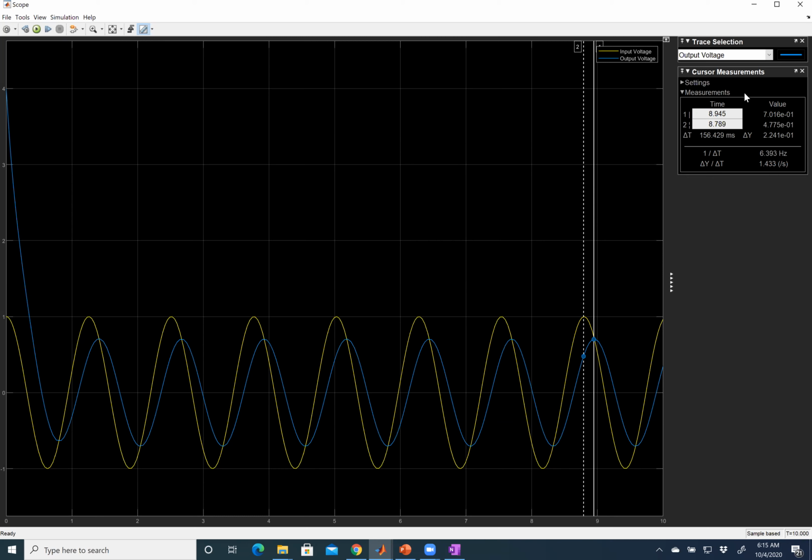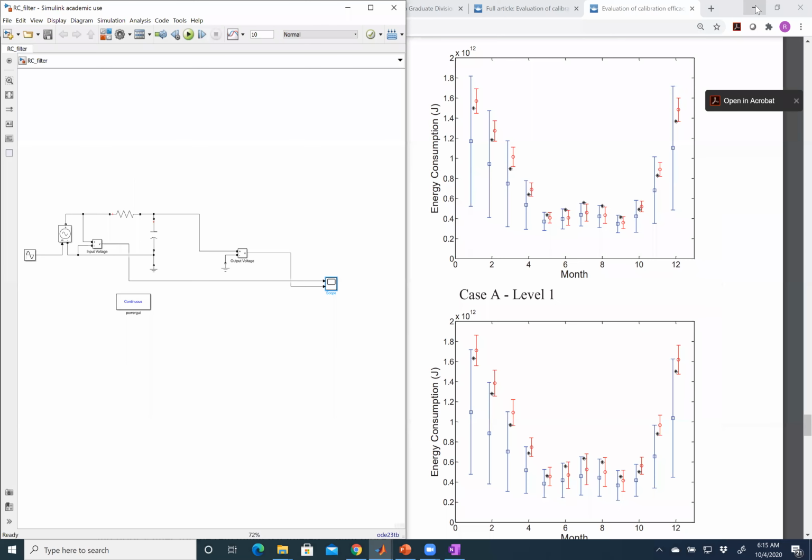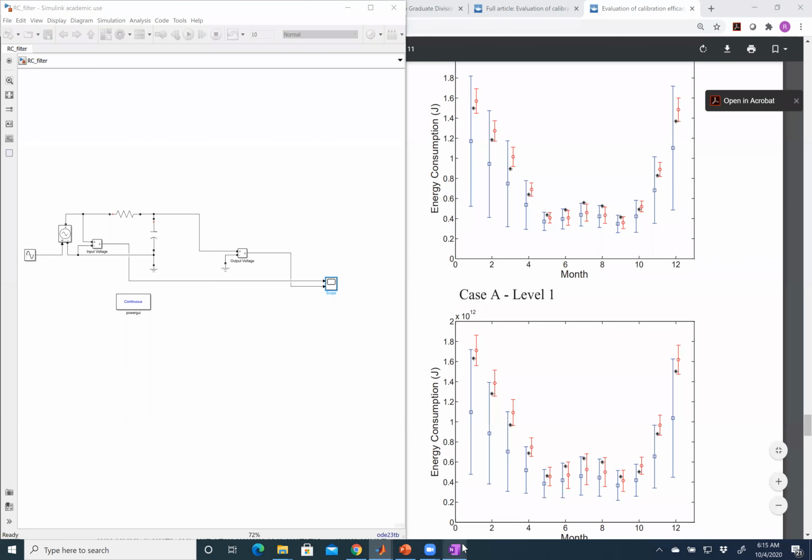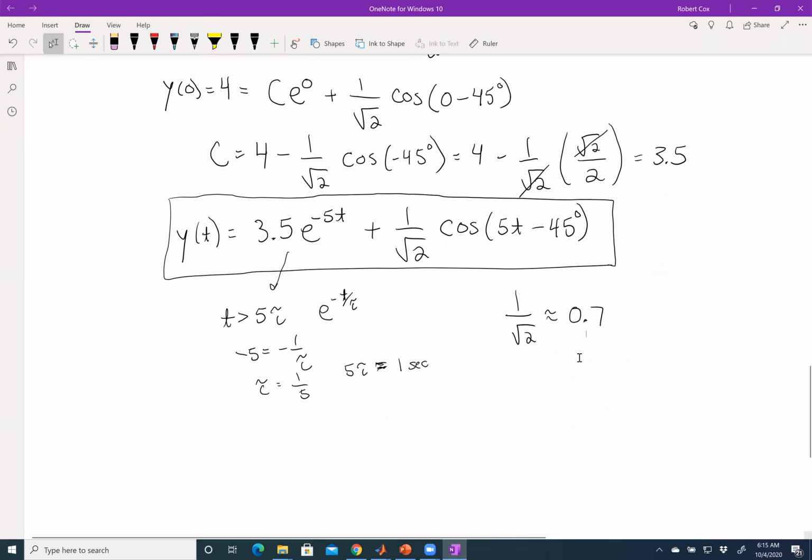This little window tells me the time at cursor 1 and the value it sees on the blue waveform, my output: 0.701. That is pretty much what we predicted.